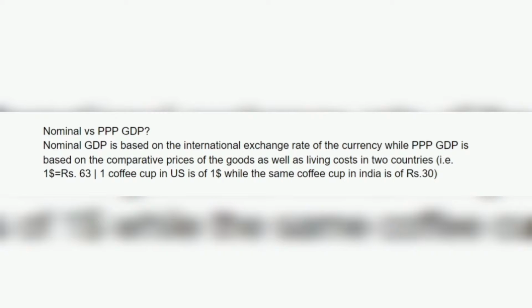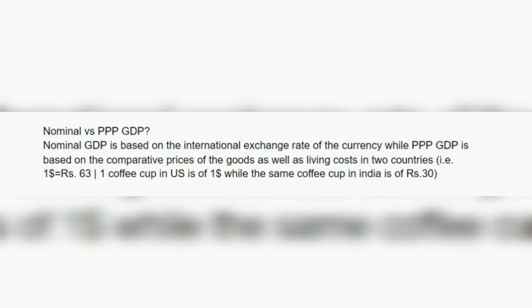Now, purchasing power parity is a more realistic GDP term. As the name demonstrates, it is the GDP based on the comparative prices of goods as well as living costs in two countries.